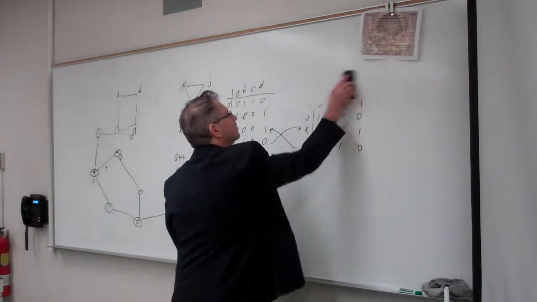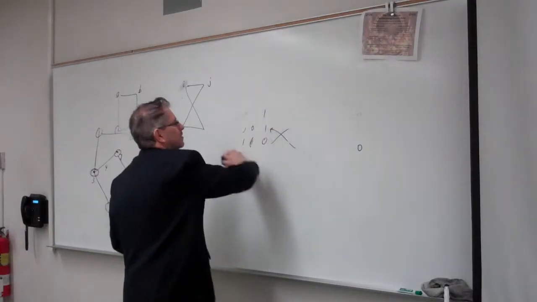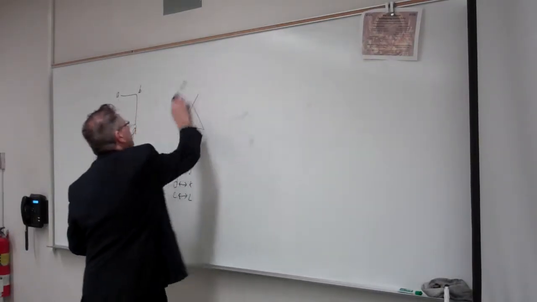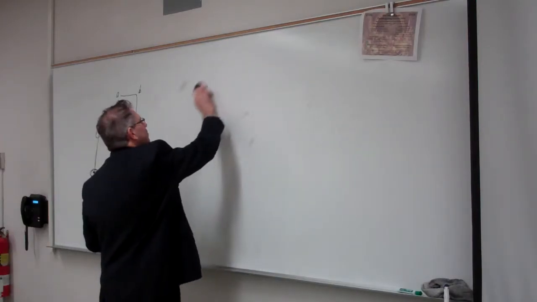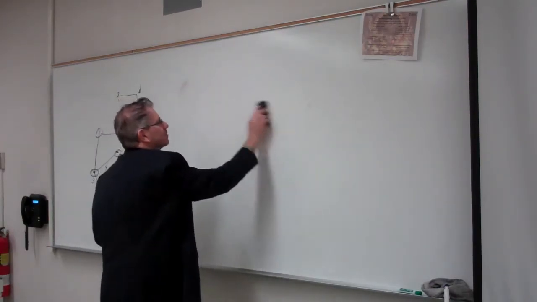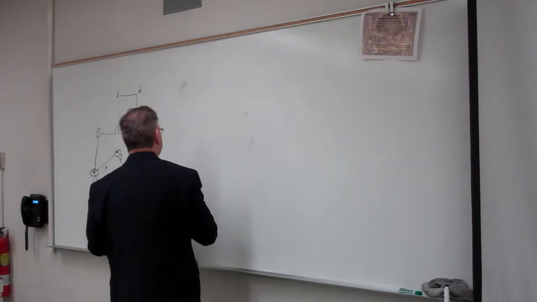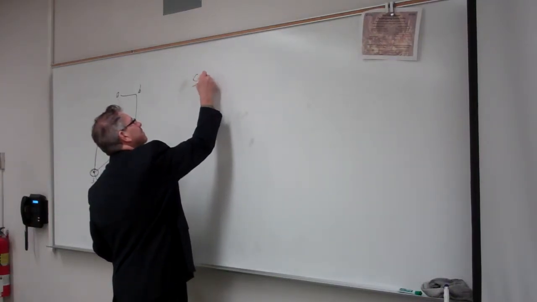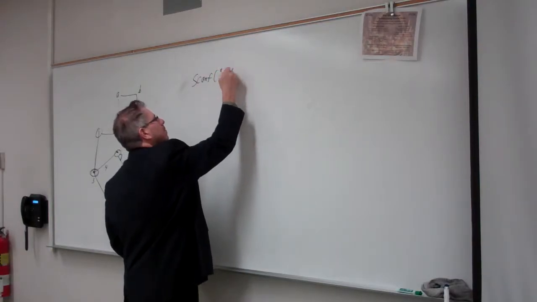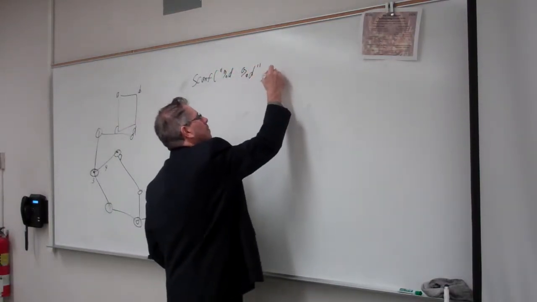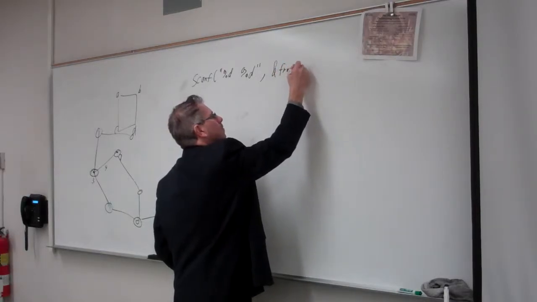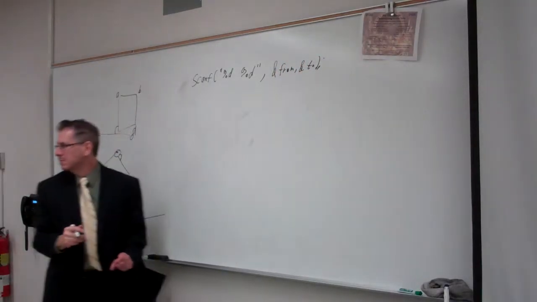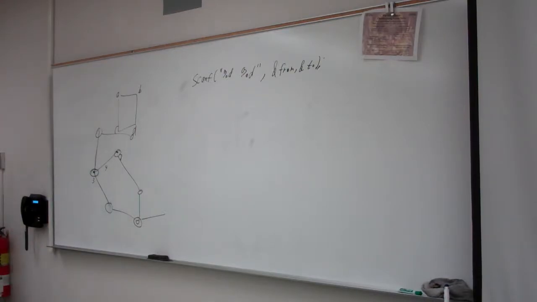Your best bet for reading in numbers, well, you've got 2 options. If you assume that the person's not going to make any mistakes and not going to do anything weird, you can use scanf. That says pick up the next 2 integers from standard in, convert them to integers, and store them in from and to, which are defined to be integers.